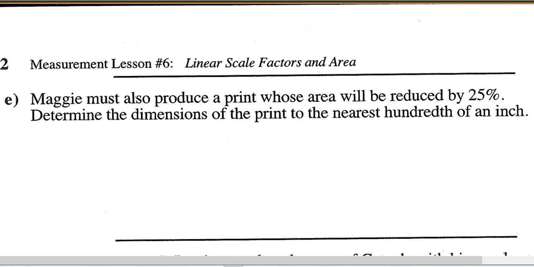We are now going to perform a reduction using similar methods. So now she's producing a print whose area will be reduced by 25%. Reduced by 25% means that we are taking the original 100% and subtracting 25% to have 75% for our scale factor for area.